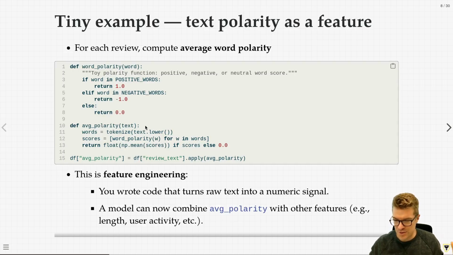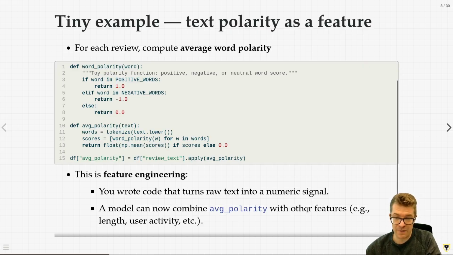Like most machine learning models, certainly support vector machines from the previous lecture, logistic regression, they're not going to be able to take text yet. We'll shortly see how we can take raw text as input, but we've converted the raw text into just a single number, the average polarity, and the average polarity of the string, how positive or how negative this overall review is, will be a feature that we're going to use.